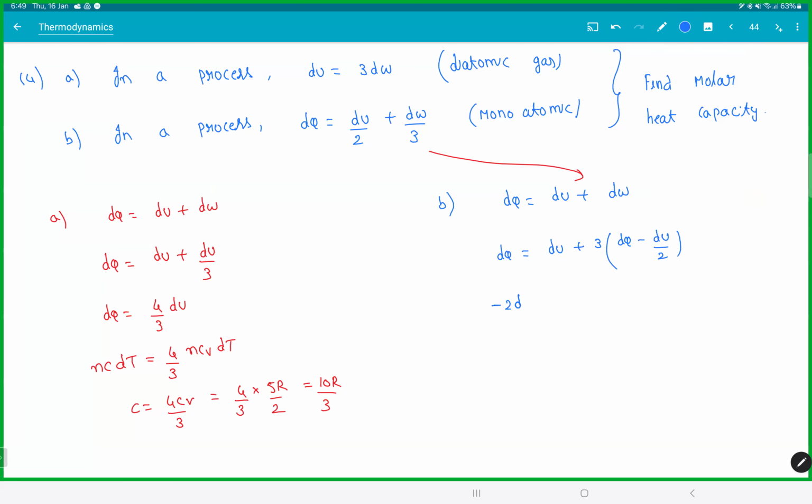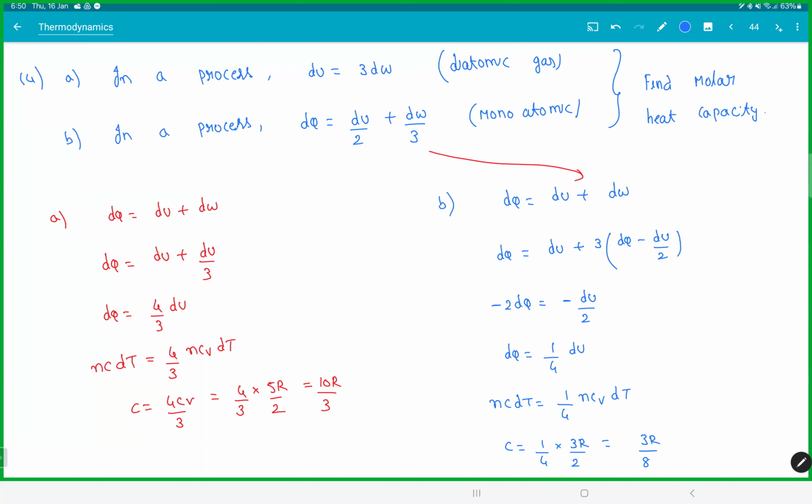This will be minus 2 dQ. This will be dU by 2. So this is 1/4 of dU. So nC dT is 1 by 4 nCv dT. So C is 1 by 4 fR by 2. It's a monatomic gas, 3R by 2. 3R by 8, okay?